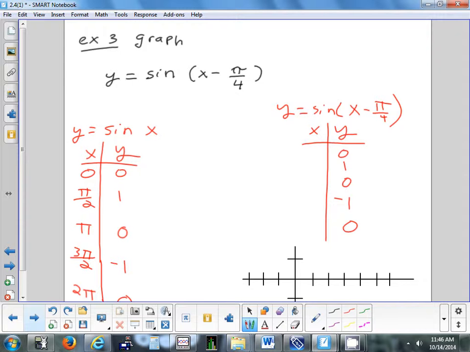We're going to add pi over 4. Pi over 2 plus pi over 4. Pi plus pi over 4. 3 pi over 2 plus pi over 4, and 2 pi plus pi over 4. This is one where it's kind of helpful to see the pattern so we don't have to keep finding denominators of 4.